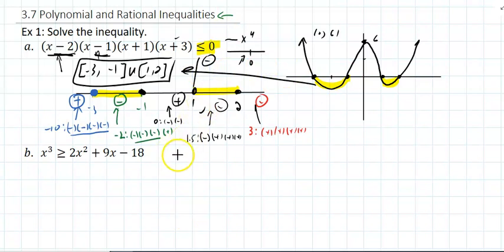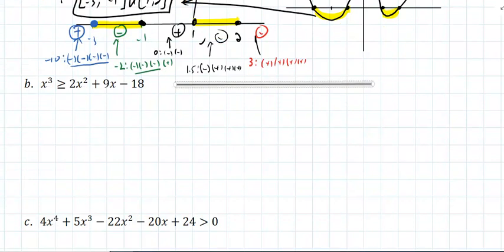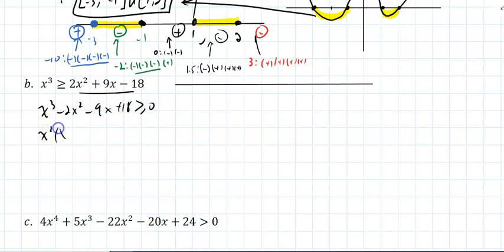To demonstrate that, I'm going to sketch the graph of the second and then do the test line. If I want to know where x cubed is bigger than this sum, well, I need to find the zeros to do my testing or to graph it. Factor x squared out. That's a difference of squares, 9.